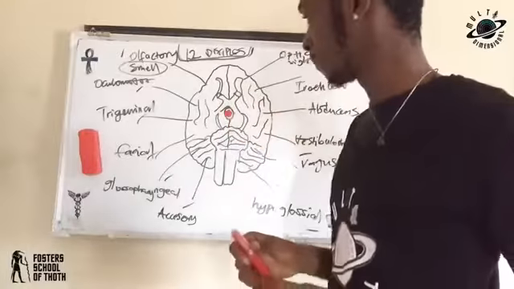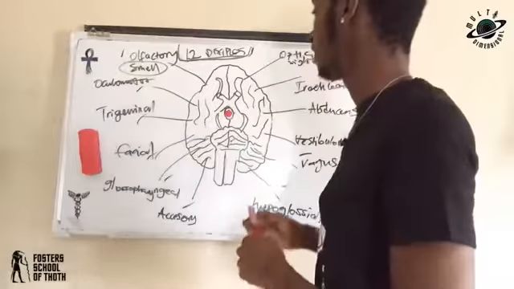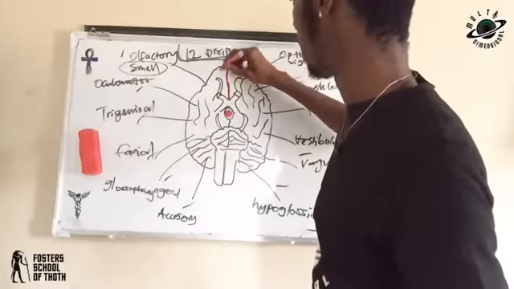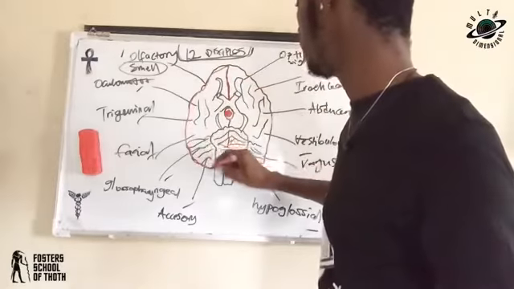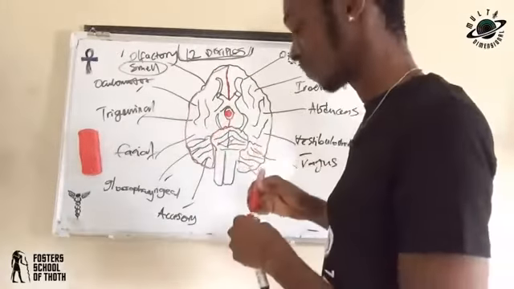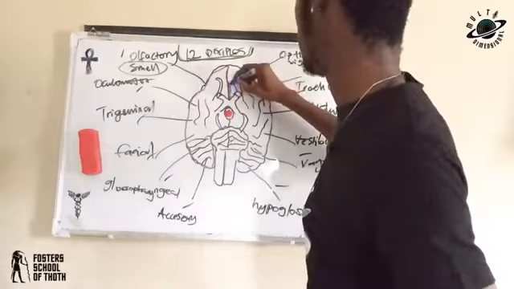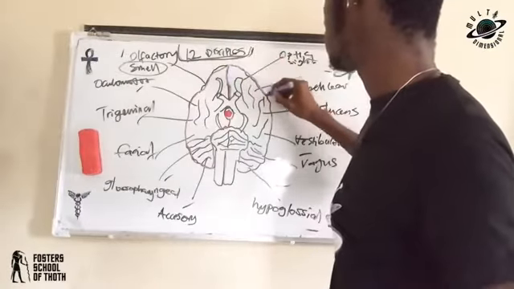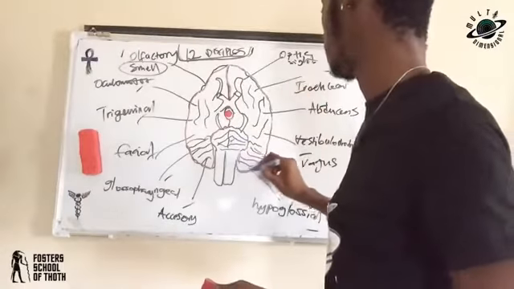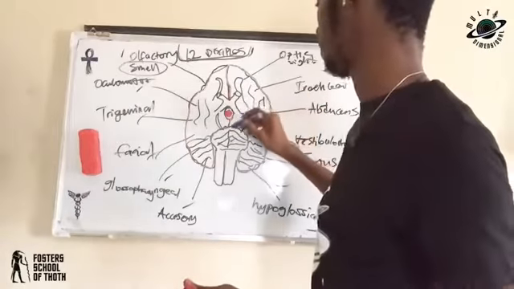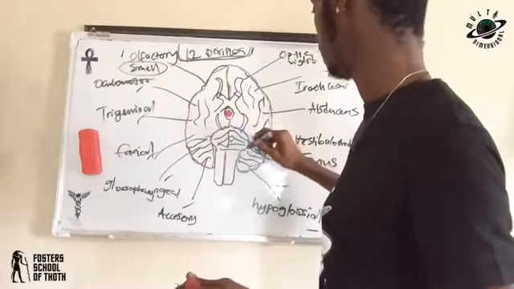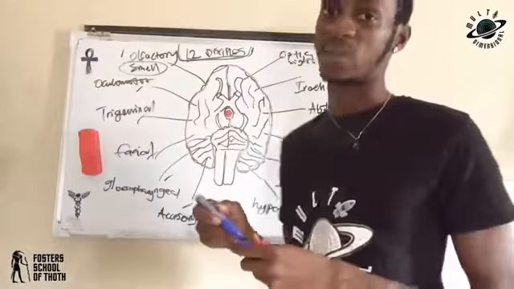The pineal gland is located just in between the left brain and the right brain, and is held together by a tissue called the basal ganglia.